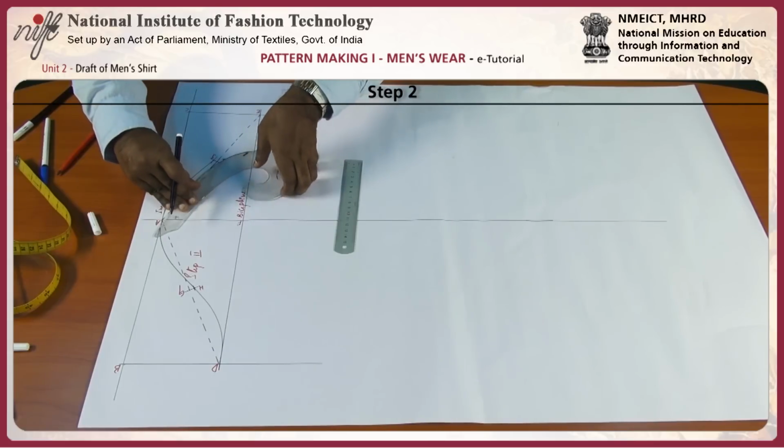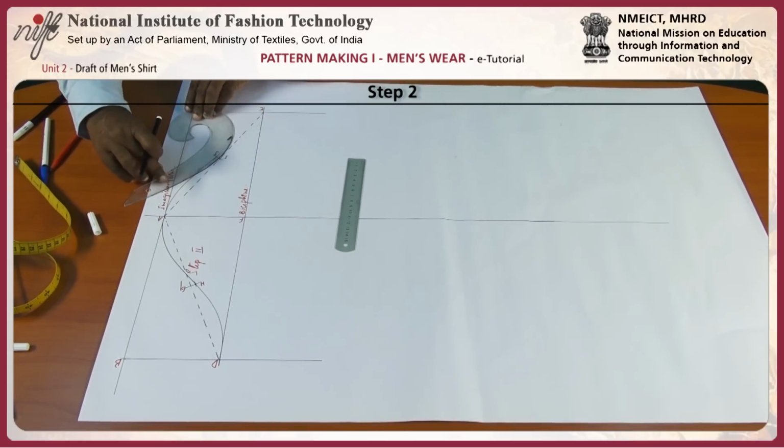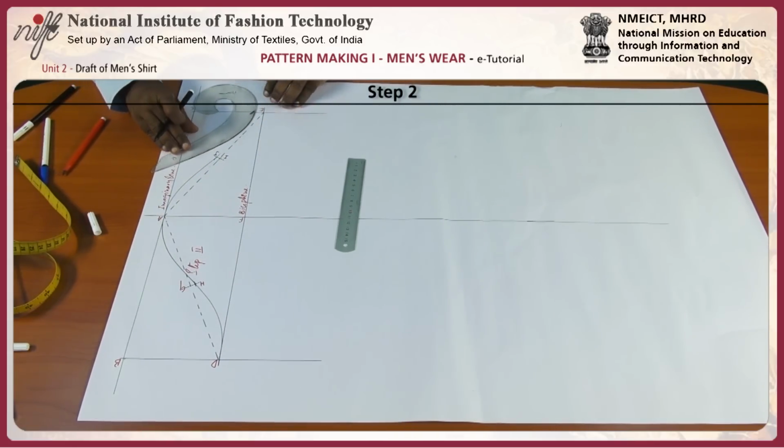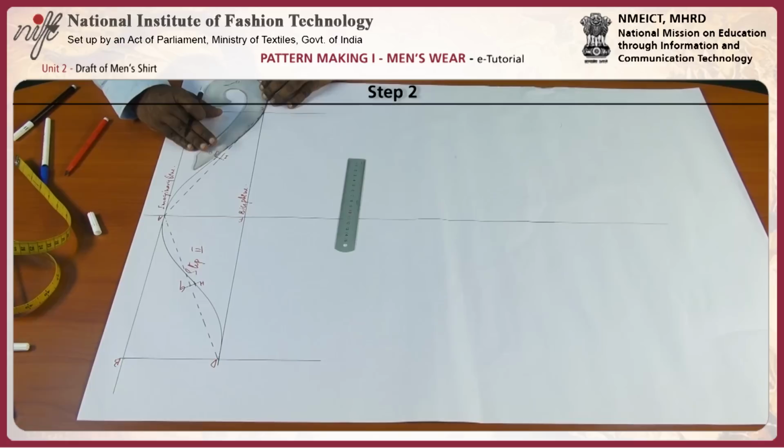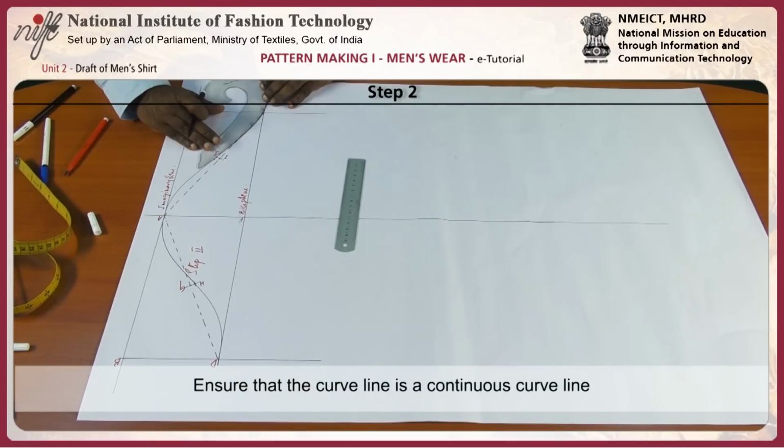Then again the second flip will be like this and brought to point E and align to J. Ensure here the continuous curve line.